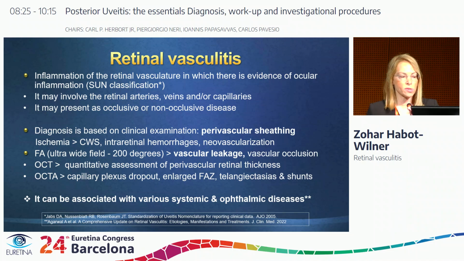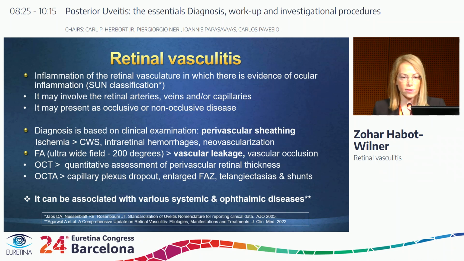We also may use the OCT for quantitative assessment of perivascular retinal thickness, and also the OCTA for the presence of capillary plexus dropout and enlarged FAZ, and the presence of telangiectatic and shunt vessels in cases of an occlusive disease.